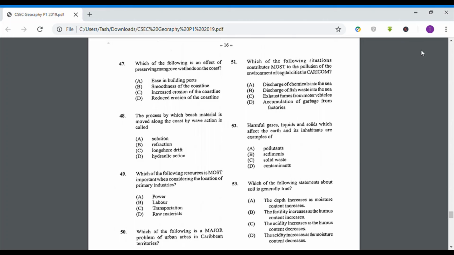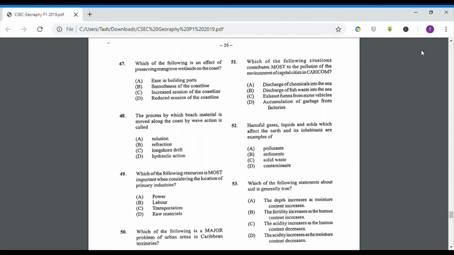Which of the following situations contributes most to the pollution of the environment of capital cities in CARICOM? So the question is basically asking you to pick the one that contributes the most to pollution in cities in Caribbean countries. So A, discharge of chemicals into the sea.